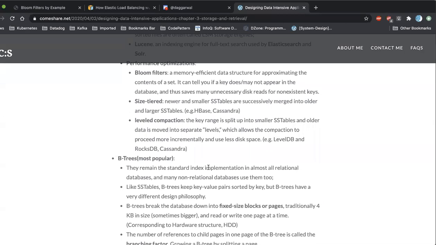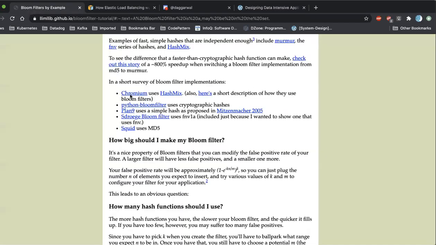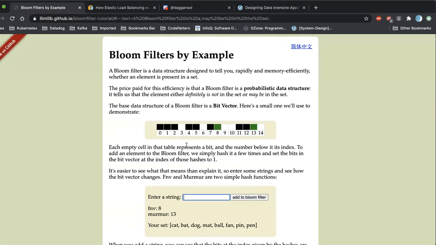I was looking at some documentation. It's pretty straightforward: the key is hashed multiple times and stored in a bit mask, to find out if that particular key is present or not.